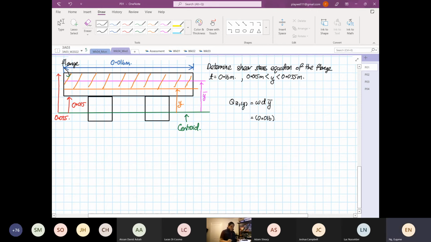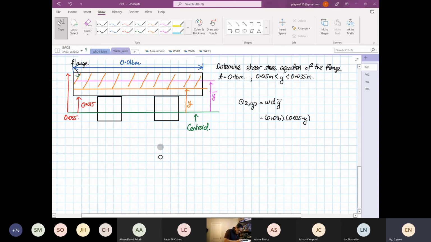Now we have to find the depth. The depth will be equal to 0.035 minus y. And this is where we apply the rule that the analysis starts from y max. So this is the analysis direction, that is 0.035 minus y.